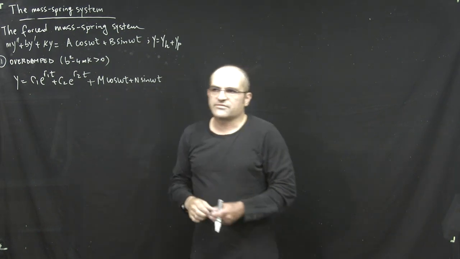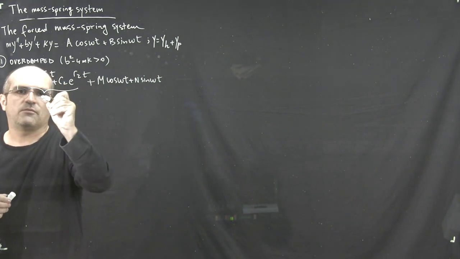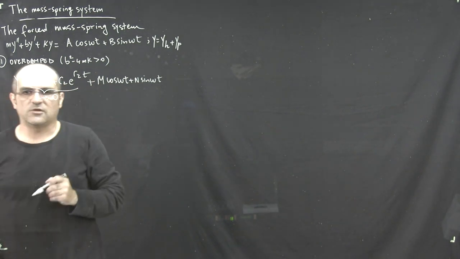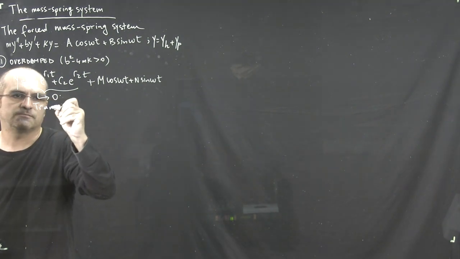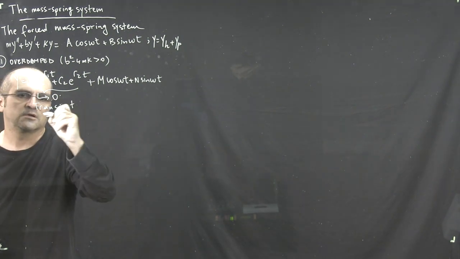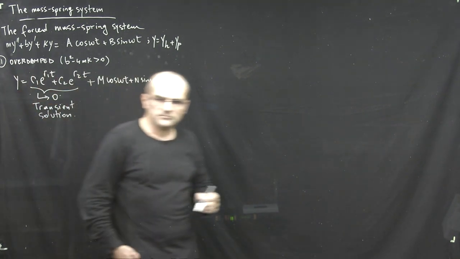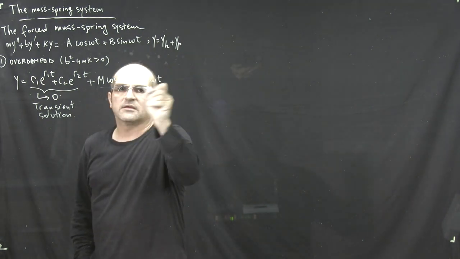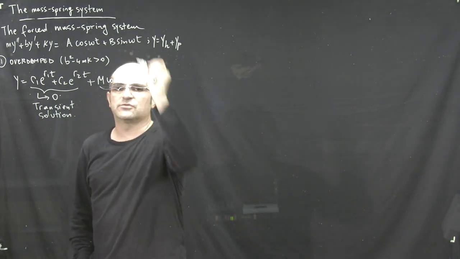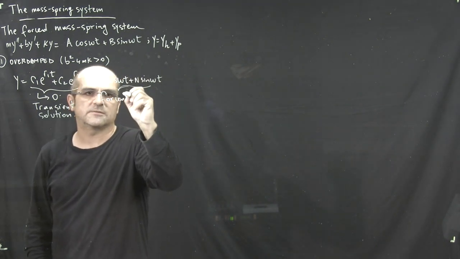So because of these features, and because of the fact that this goes to 0, right, the homogeneous part of the solution, this is called the transient solution. So the component of the solution that goes to 0. And because what's left is similar to f of t, to the forcing term, this is called the forced response.